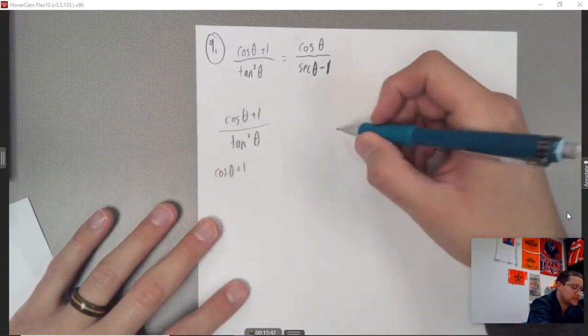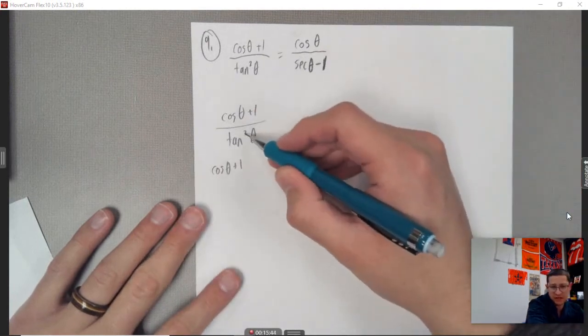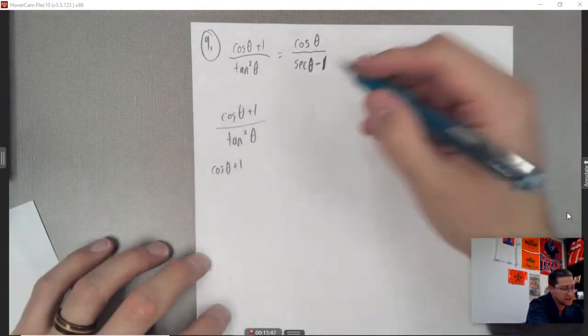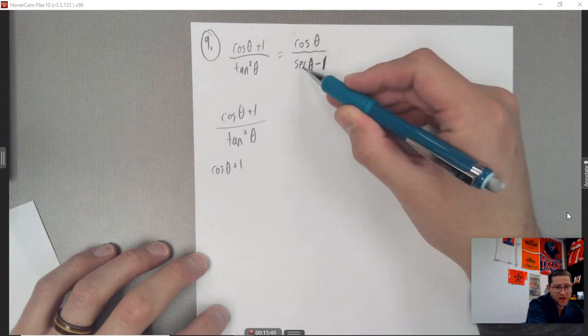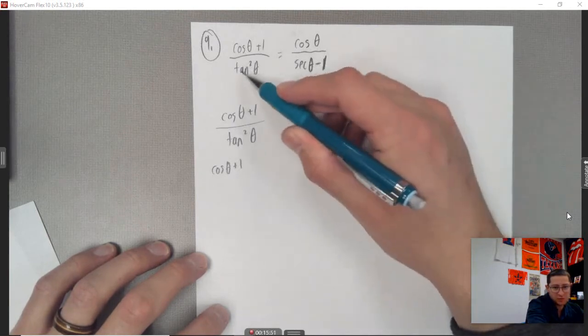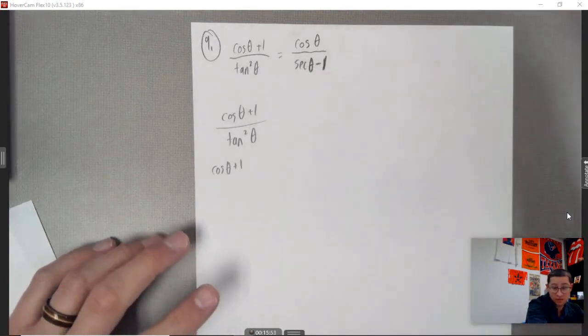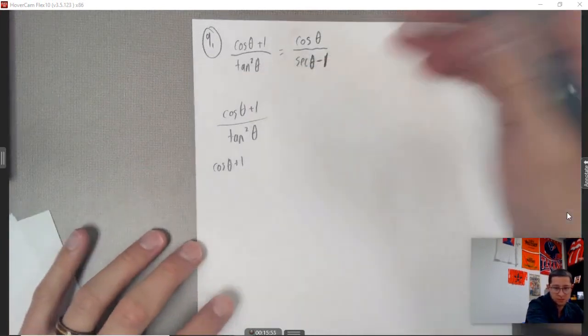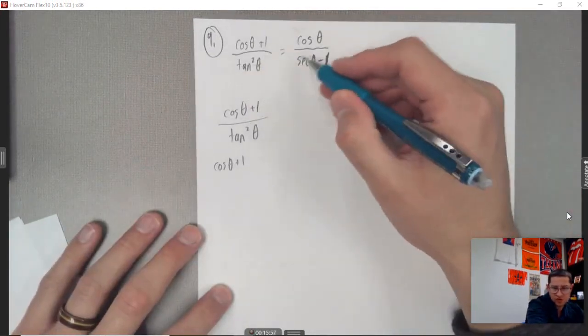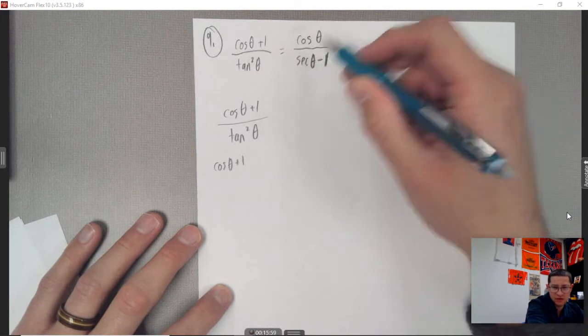Let's get rid of that tangent. Now the reason I say to get rid of the tangent, remember tangent and secant have that relationship, right? So if I'm aiming towards secant, I'm going to try to replace that tangent with secant squared. It's the Pythagorean identity here. And then we're going to try to factor and see what we end up with.